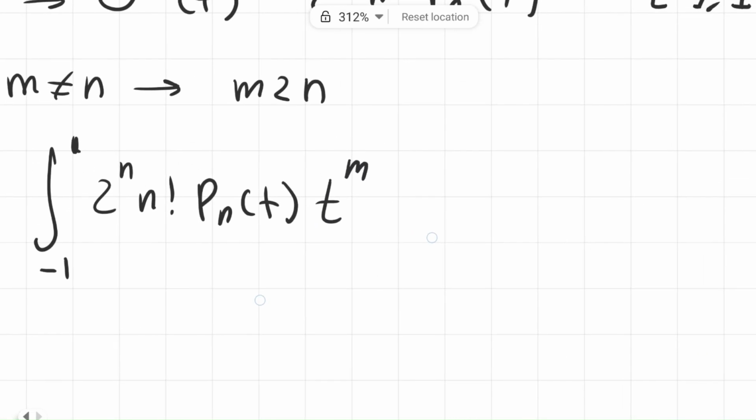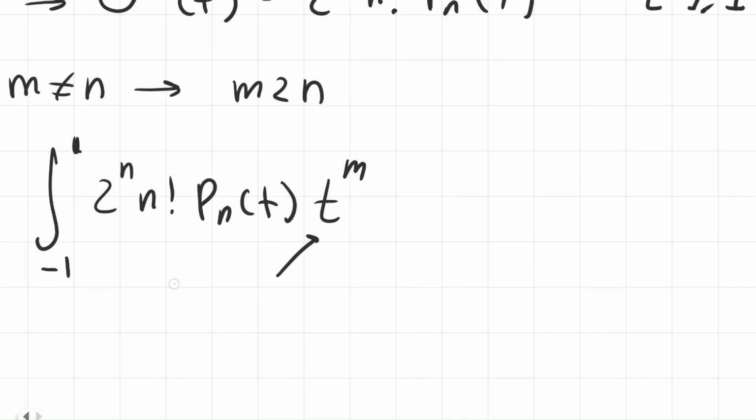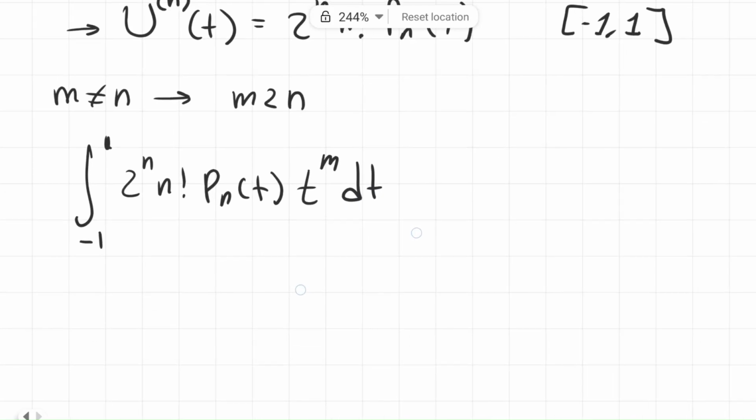If we are able to show that p is orthogonal to t to the m, then p will be orthogonal to any polynomial. In particular, it will be orthogonal to the Legendre polynomials. So by simplicity we are just going to prove the orthogonality with a polynomial t to the m. Okay, and of course, this is dt.